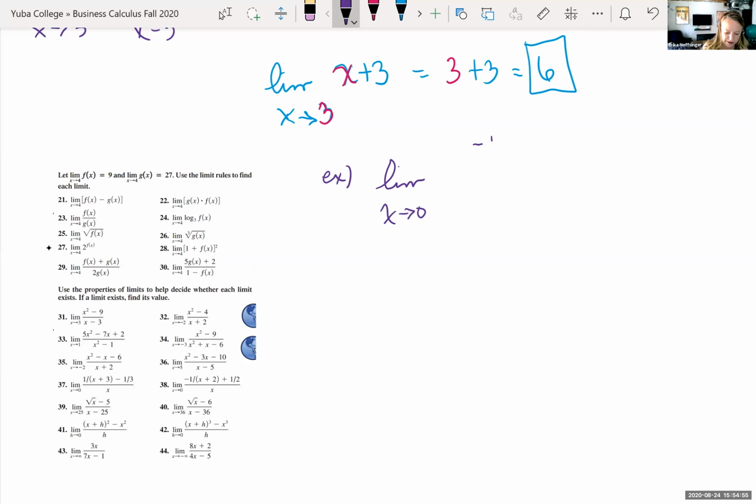of negative 1 all over parentheses x plus 2, plus 1/2. And that is the numerator, and that's all over x.